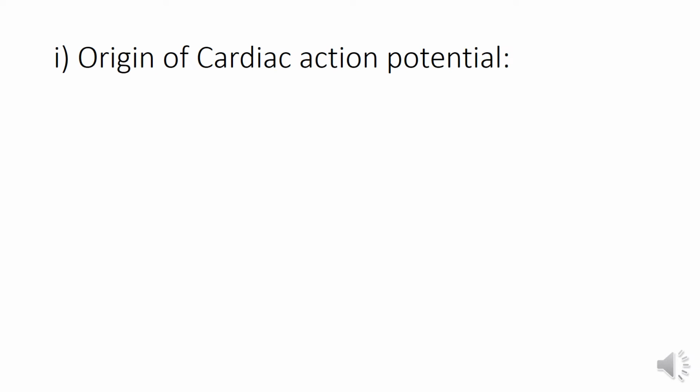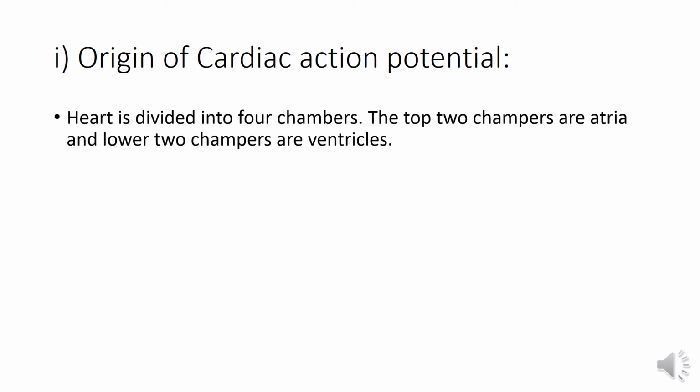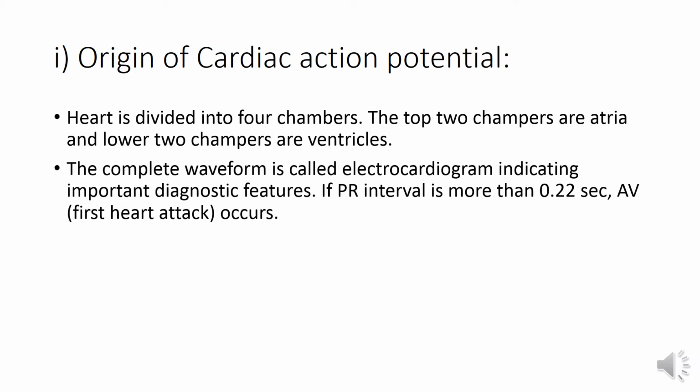What are the origins of the cardiac action potential? Basically the heart is divided into four chambers. The top two chambers are atria and the lower two chambers are ventricles. The complete waveform is called electrocardiogram, and it indicates important diagnostic features.